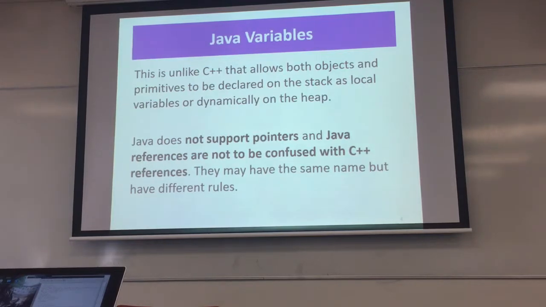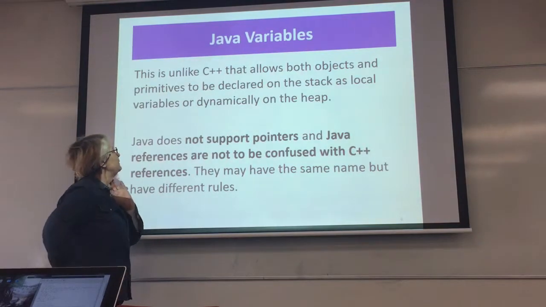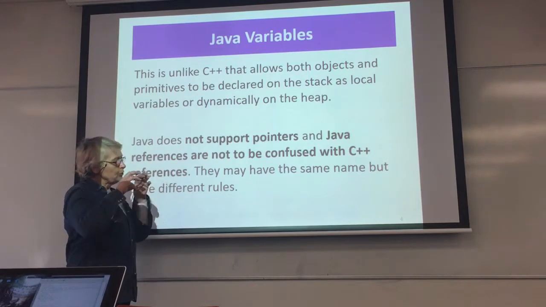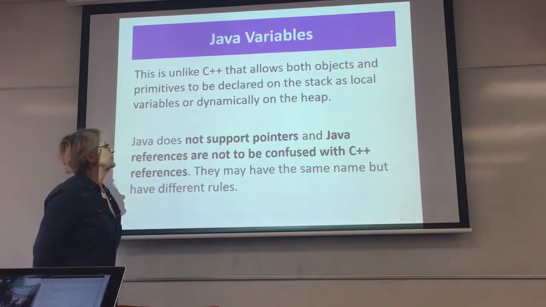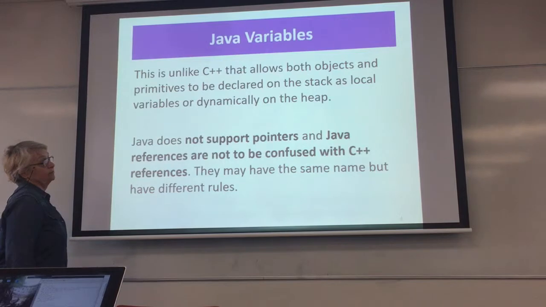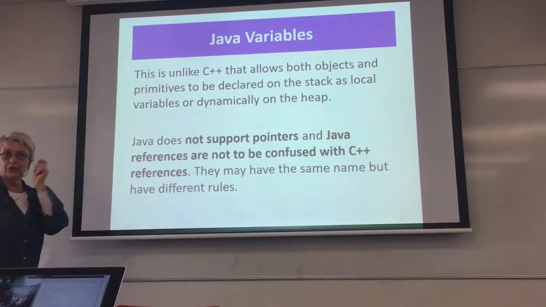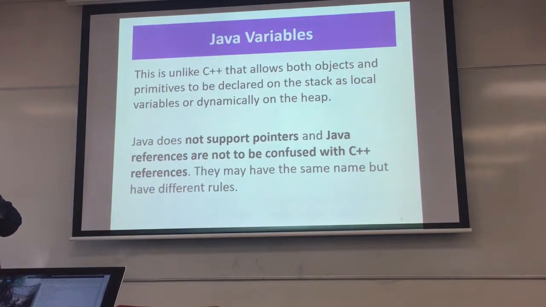We copy the pointer. But this goes on behind the scenes, and you shouldn't rely on it. Try to distance yourself from using pointers. Java does not support pointers as you know them.